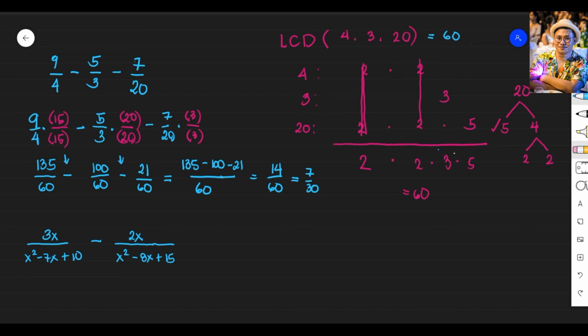Why? Because the numerator can be divided by 2, as well as the denominator can also be divided by 2. And the lowest term of 14 over 60 is 7 over 30. This is now your answer. So the result of subtracting these three fractions is 7 over 30.